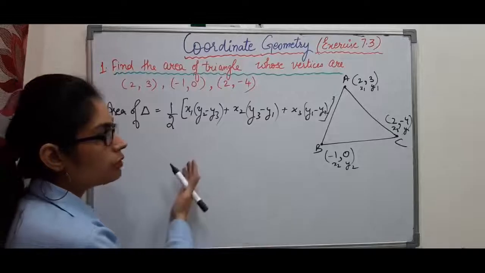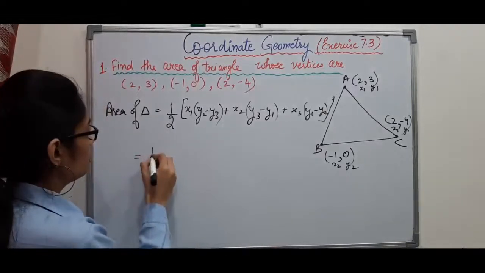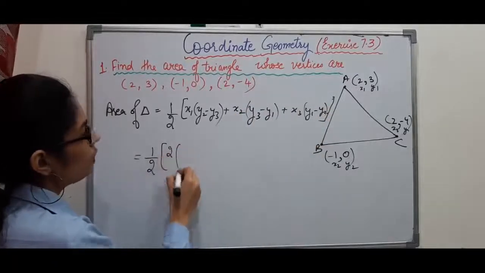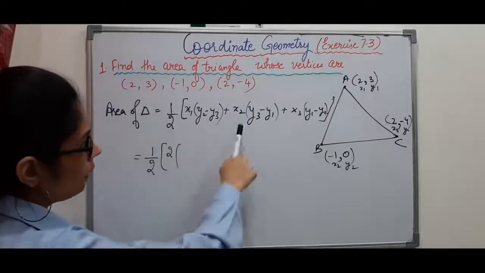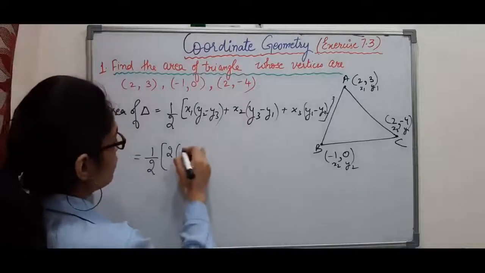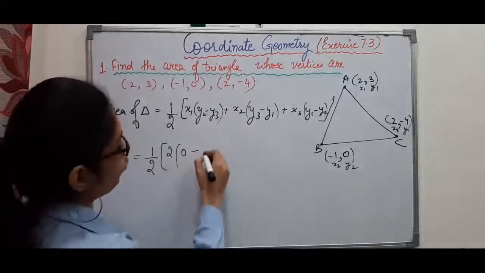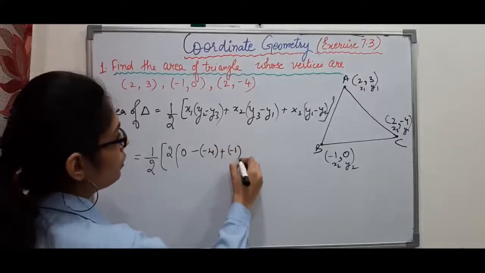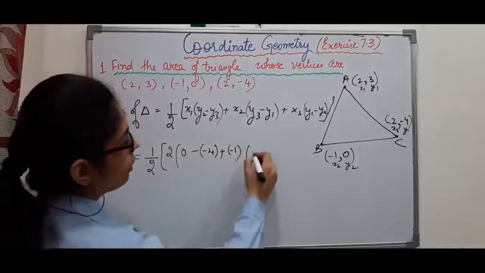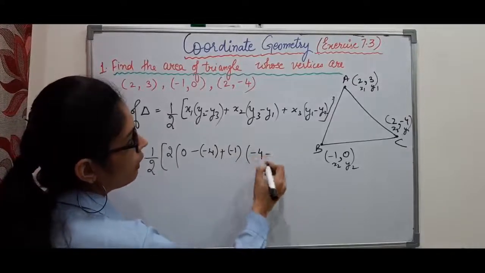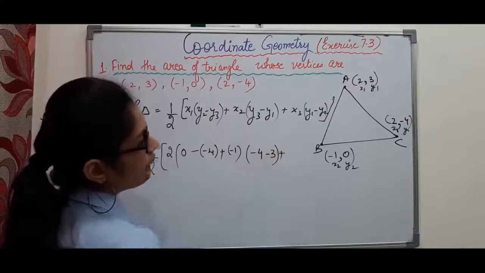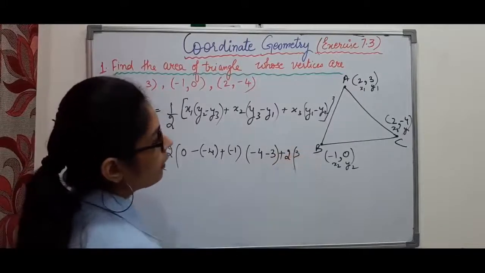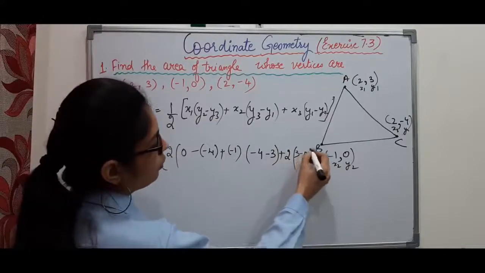Now we just have to substitute the values. So 1 by 2, x1 you can see from there it is 2, y2 it is 0, minus y3 which is minus 4, plus x2 it is minus 1, y3 it is minus 4, minus y1 which is 3, plus x3 it is 2, y1 it is 3 and minus y2, which is 0.